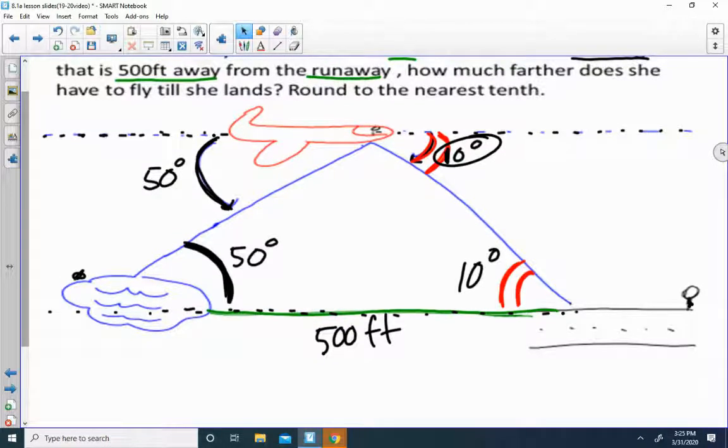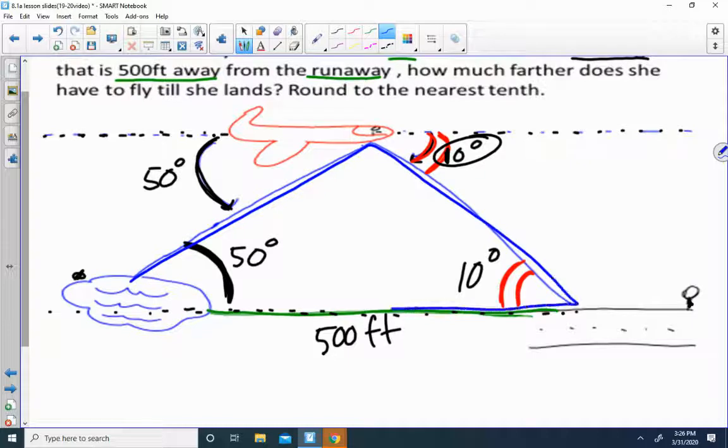Okay, Miss Shulin, cool. We just found that alternate interior angles are congruent. So now I got two other angles, one that's 50 and one that's 10. How does that help me here? Patience. It'll all come together soon. The reason why I pointed out those alternate interior angles is because if you look closely, we have a triangle.